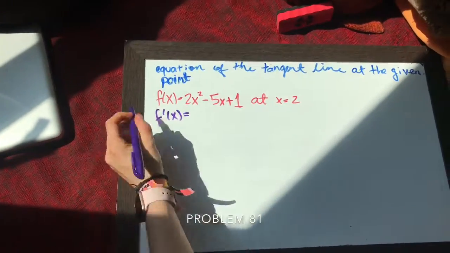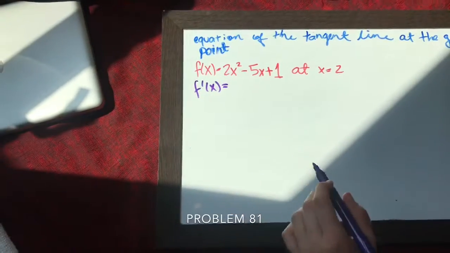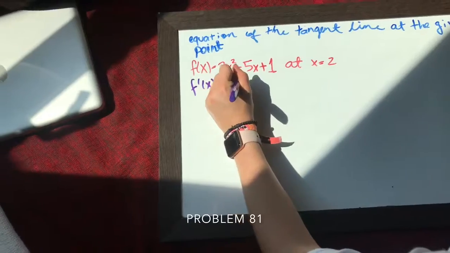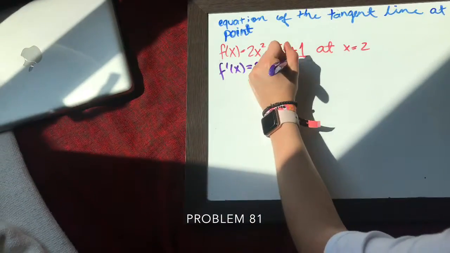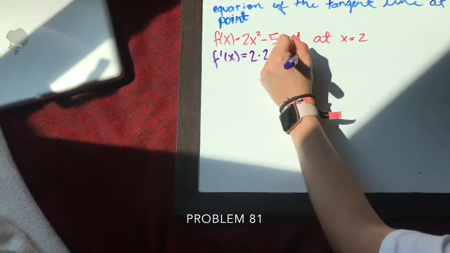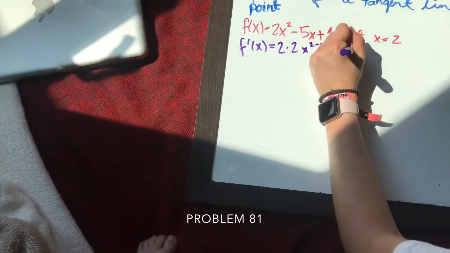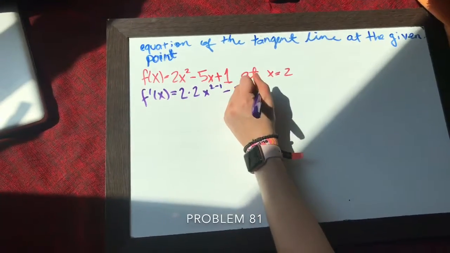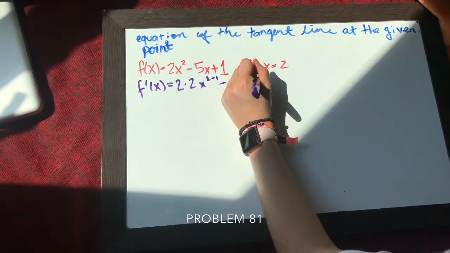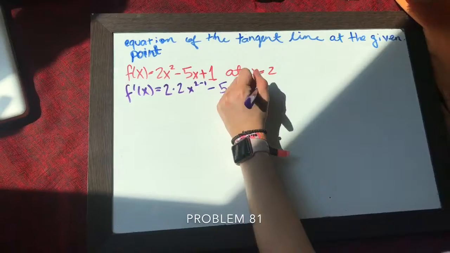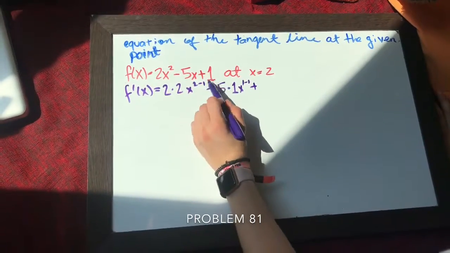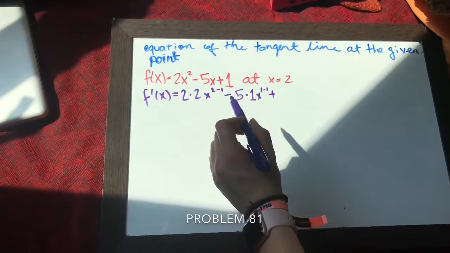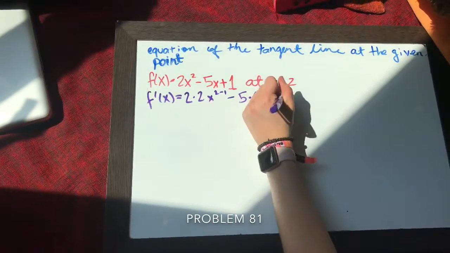So we will do the power rule, and the exponents will be 2 times 2x^(2-1) minus 5 times 1, because x has an exponent of 1, times x^(1-1), plus this, when it doesn't have a variable, when it is only a constant, it will automatically be 0.